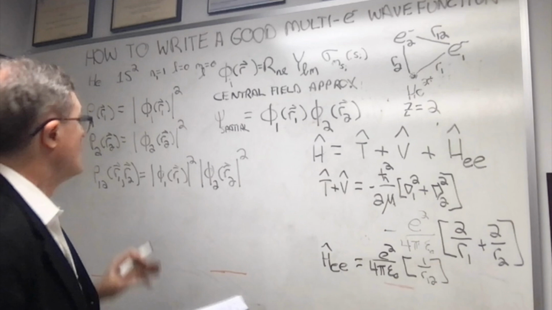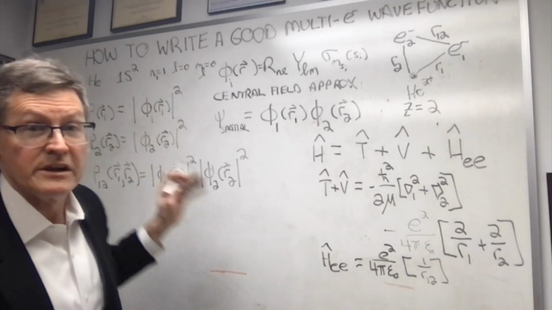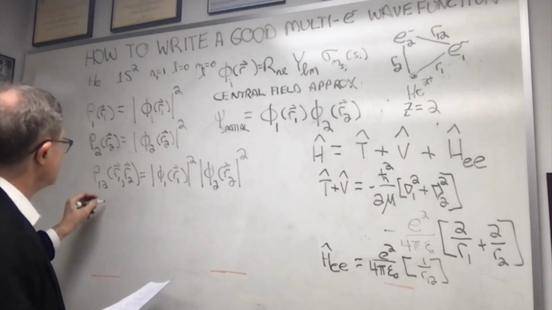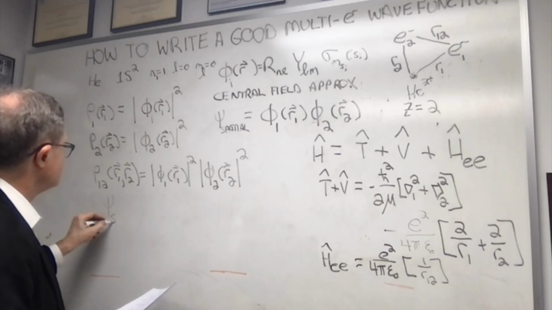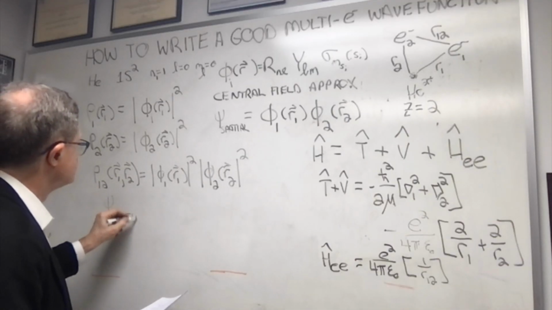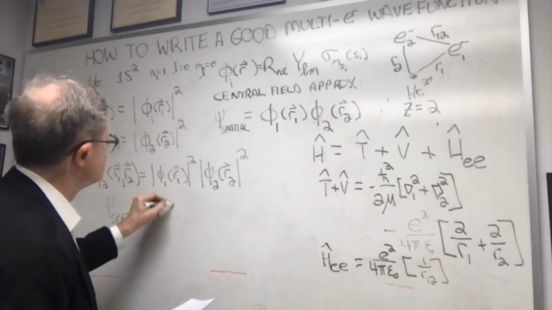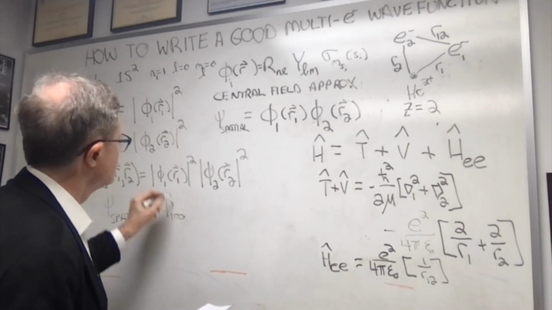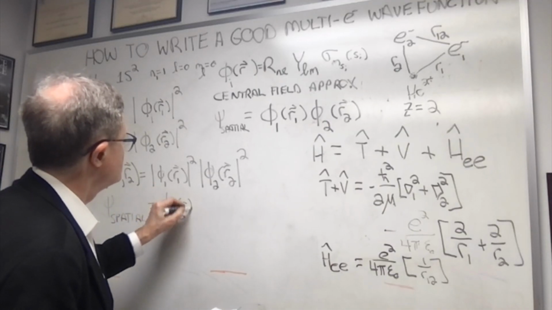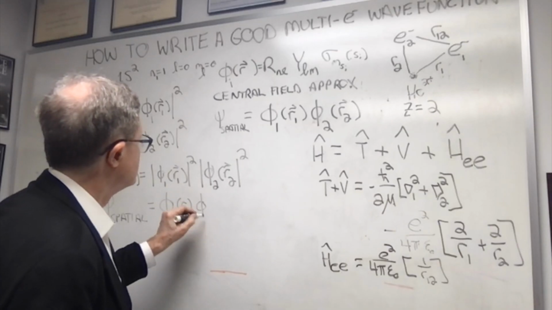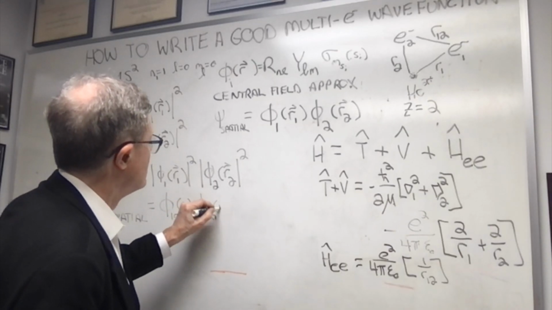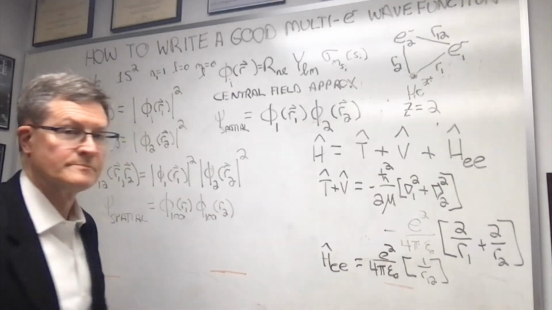Or if we really wanted to write it in terms of the quantum numbers, we could write this spatial wave function as psi 1,0,0 for electron 1 and psi 1,0,0 for electron 2.